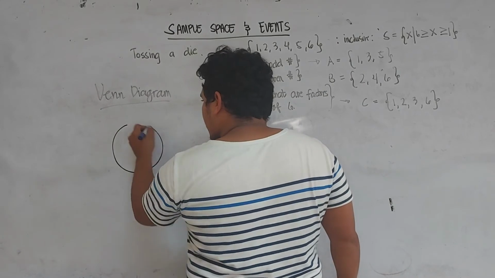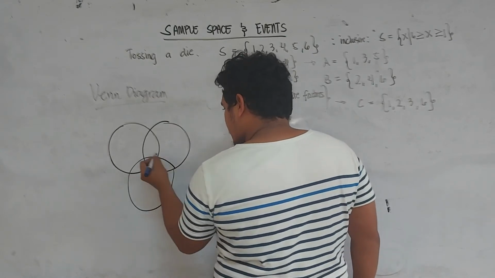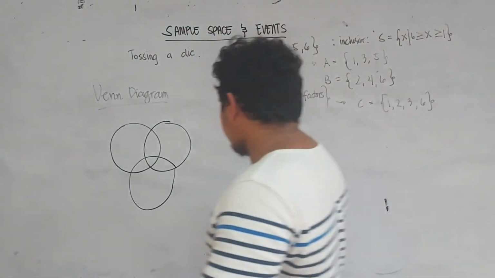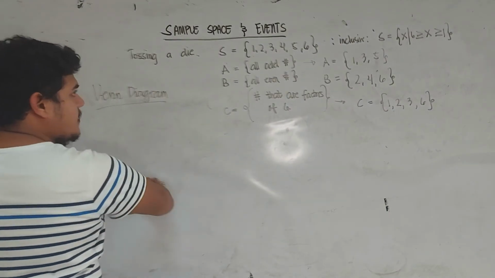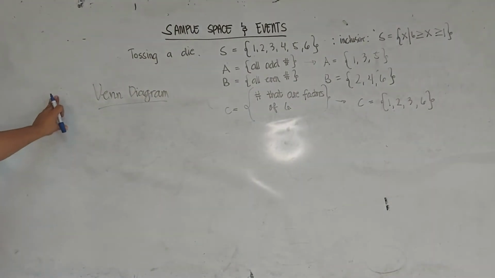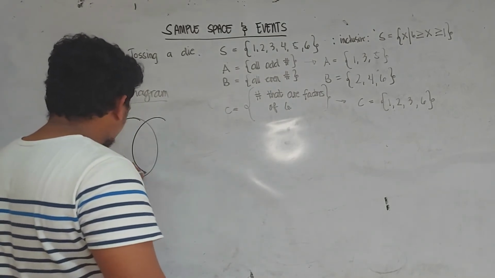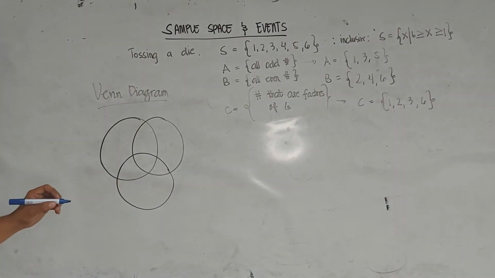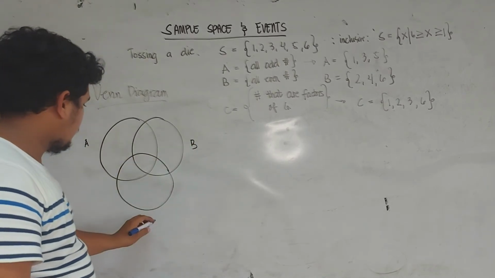In this given, we could say A, B, and C. So A has 1, 3, 5, B has 2, 4, 6. Okay, so we can say A, B, C. Venn diagram, guys. So we could say that the fact all odd numbers are in A.